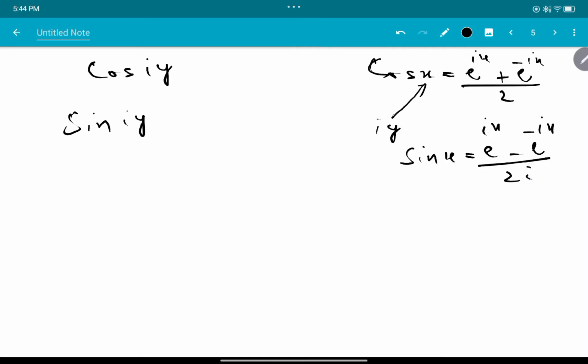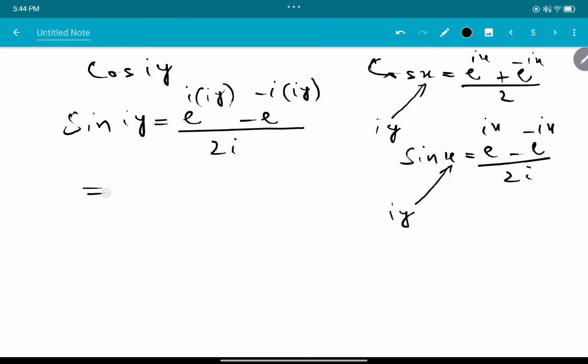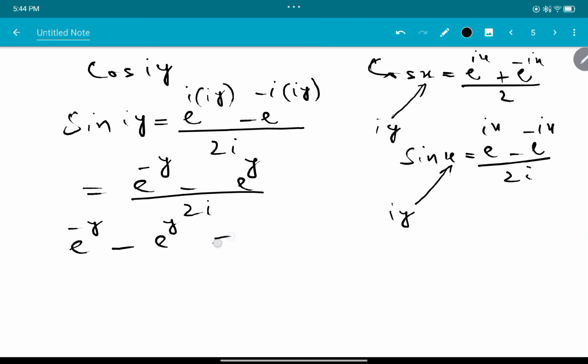If I now replace x by iy, I will get e raised to i into iy minus e raised to minus i into iy divided by 2i. That gives me e raised to minus y minus e raised to plus y divided by 2i. That is equal to, by cross multiplication, 2i sine iy.